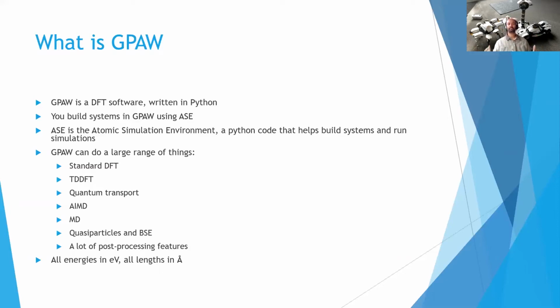What sort of DFT or atomistic calculations can GPAW do? A large number. It's really rich with all sorts of things that you can do, with DFT, like standard DFT, time-dependent DFT, quantum transport calculations as well, ab initio molecular dynamics as in classical molecular dynamics, quasi-particles, BSE, and it also has a lot of post-processing features, such as calculating the band structure and a lot of density of states and a lot of other things.